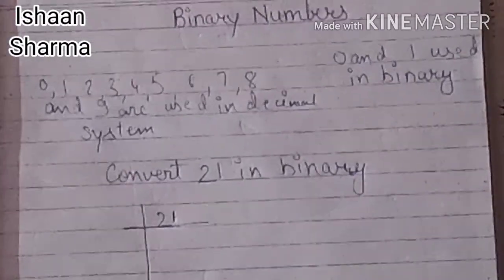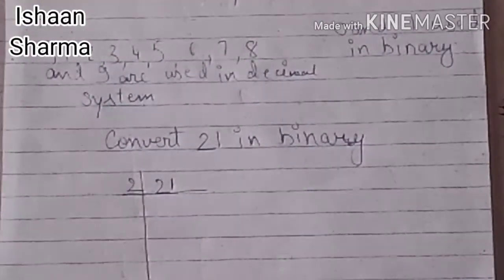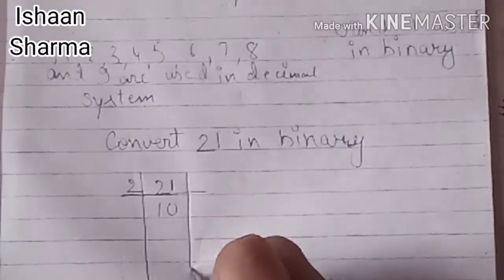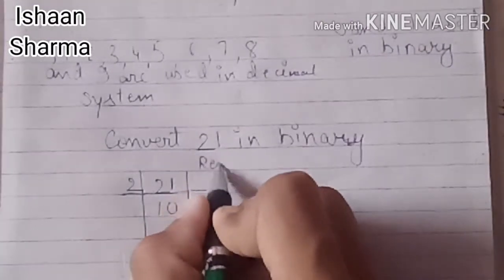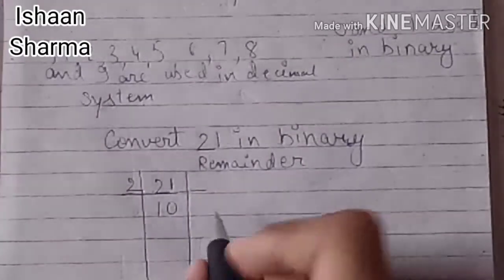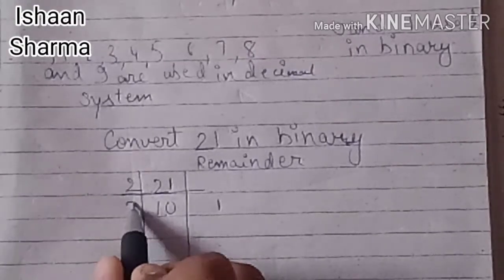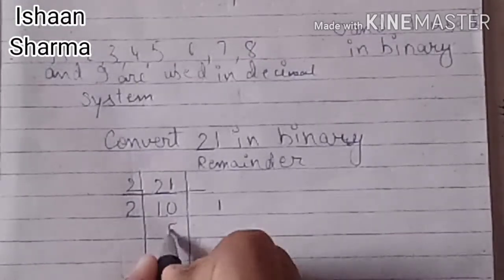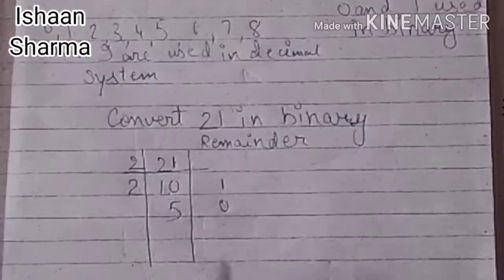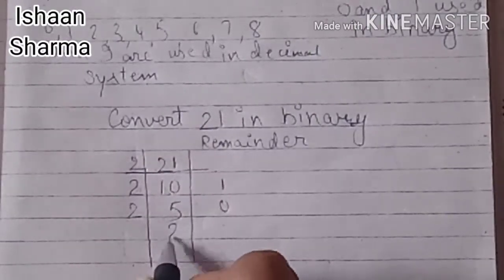21 divided by 2 gives us 10, and the remainder becomes 1. We divide 10 by 2, we have the number 5 and the remainder becomes 0, so we write 0. Now 2 twos are 4, 1 is the remainder, so we write 1.